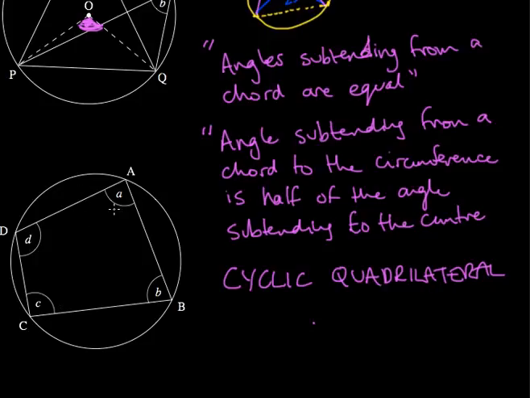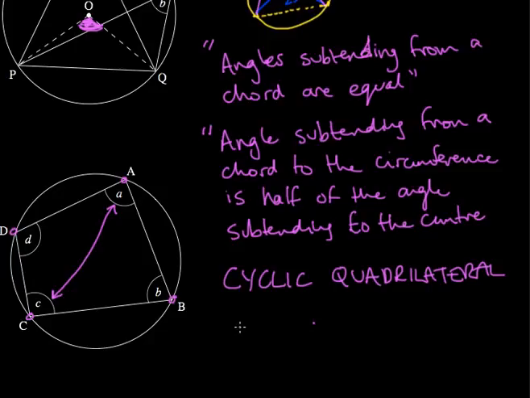It's quite interesting to note that these two angles add up to 180 degrees. And it's the same with B and D, they add up to 180 degrees as well. But the points have to lie on the circle all the way around. If A, B, C, and D don't lie on the circumference, it's not called a cyclic quadrilateral. Each one of those 4 points has to lie on the circumference.